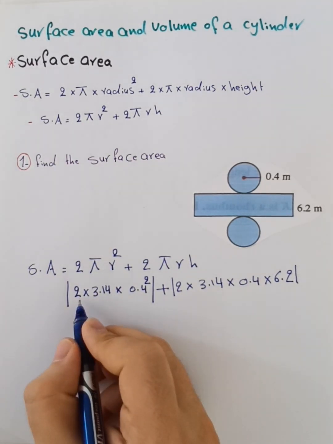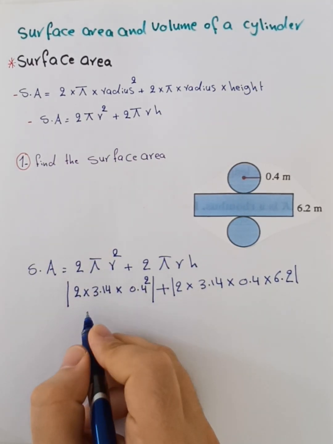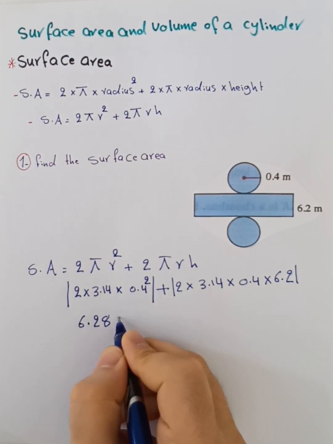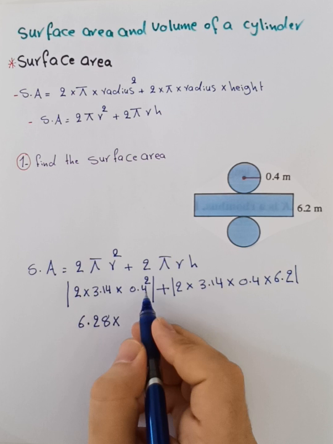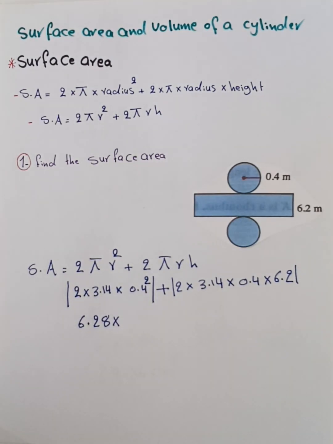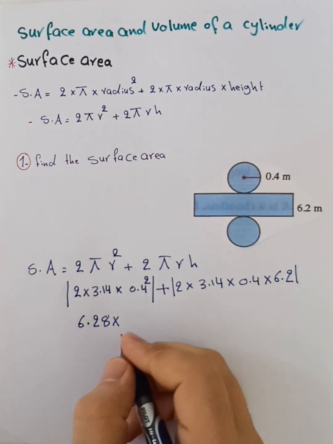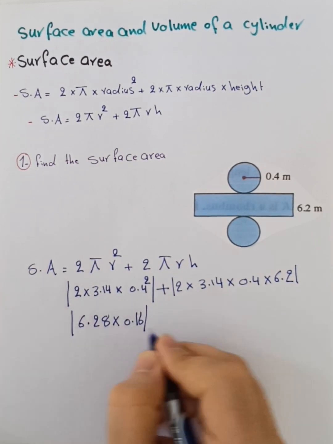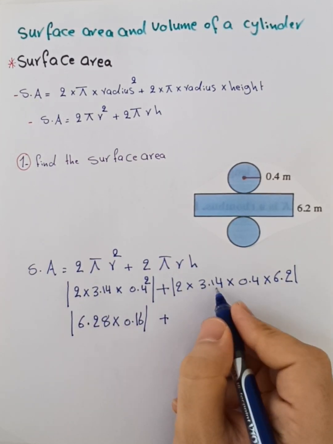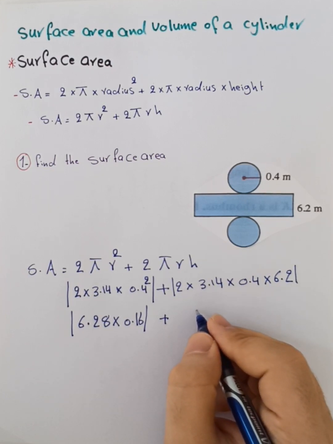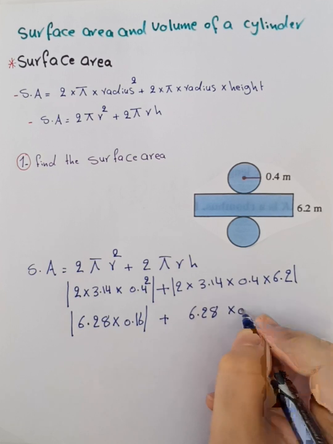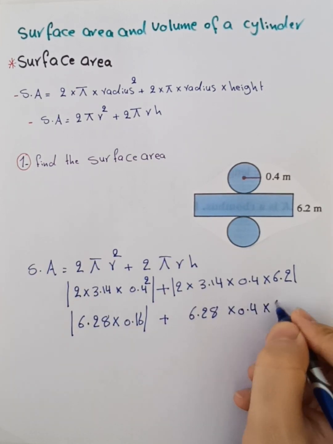So first 2 times 3.14 equals 6.28, multiplied by 0.4 squared, which equals 0.16, plus 2 times 3.14 equals 6.28 multiplied by 0.4 multiplied by 6.2.